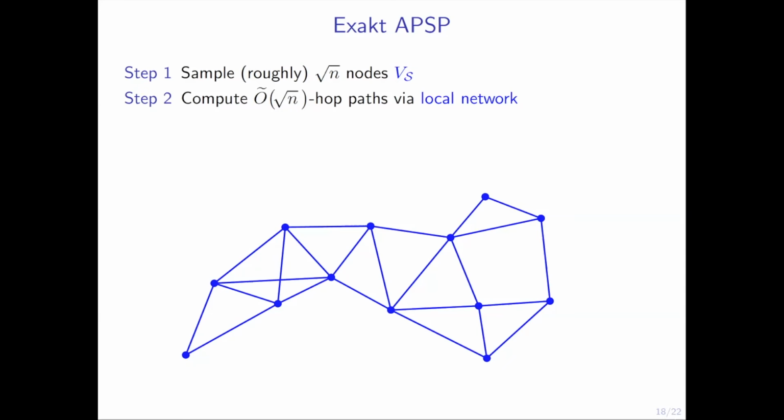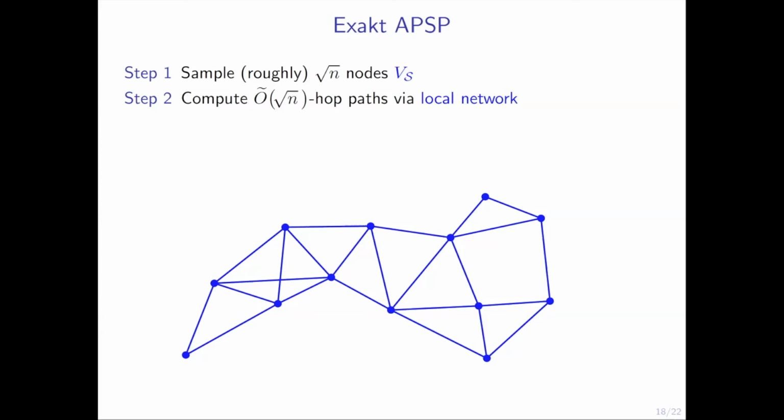Okay, now we have all the tools that we need to solve the exact APSP problem. The basic steps stem from the previous algorithm by Augustine et al., and we speed up a key step which constituted a bottleneck in the previous algorithm. In the first step, we sample roughly square root of n skeleton nodes, which can be done in constant time.